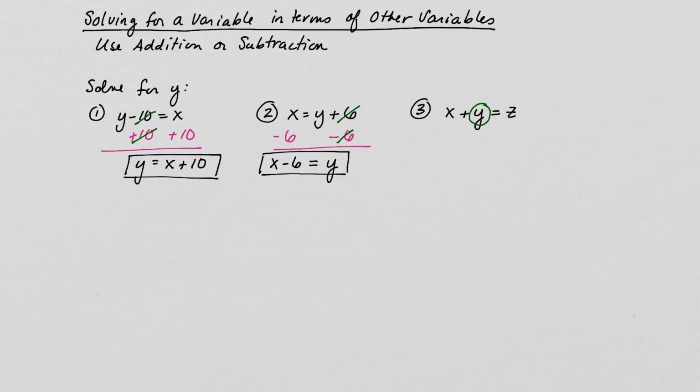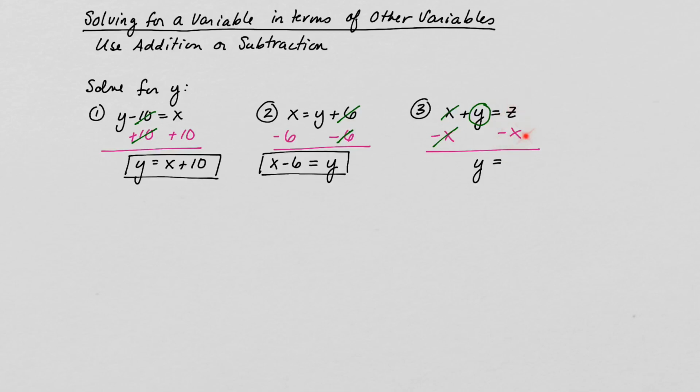And so what I want to do is look and say, well, what else is happening along with y? Oh, x. And I'm adding x to y, so I want to do the opposite. Since I had a positive x, I want to subtract x from both sides. So again, the positive x and the minus x would cancel each other out. And I'm going to be left just with y on the left-hand side.